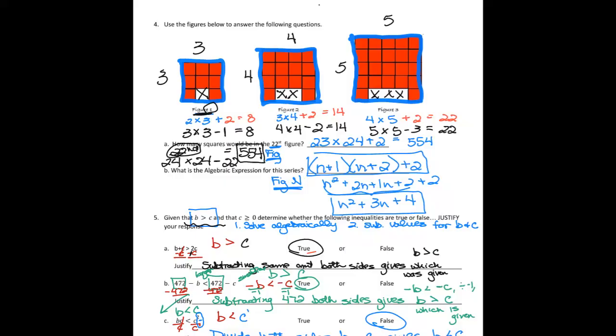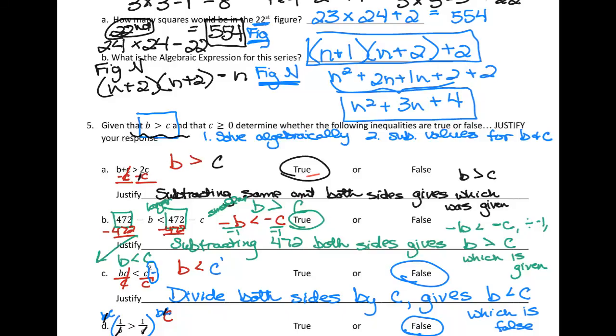So then for this figure n, it would be n plus 2 times n plus 2 minus n. Running out of space. So if you work this out, n times n is n squared plus 2n plus 2n plus 4 minus that n gives you n squared.